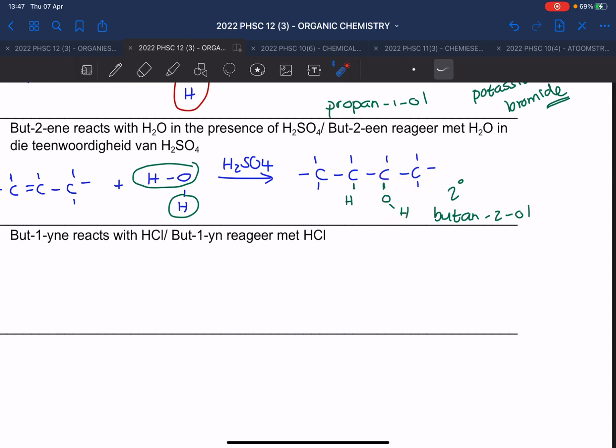Alright. Botumelu, I'm asking for the name of the positional isomer. Isomer means same but different. What is different? The position. It will be something like butan-2-ol. I'm asking for the name.